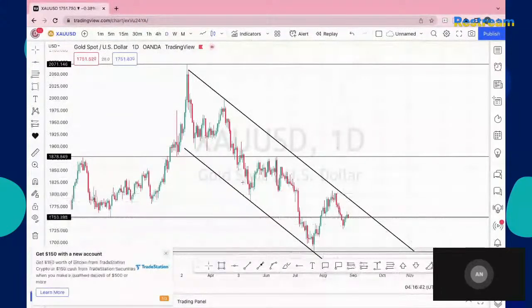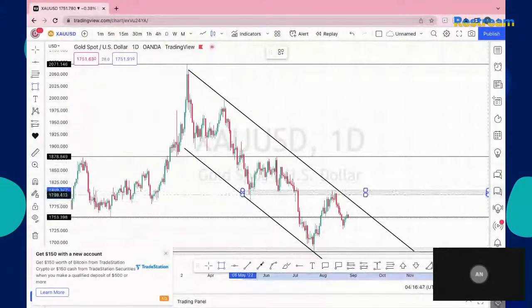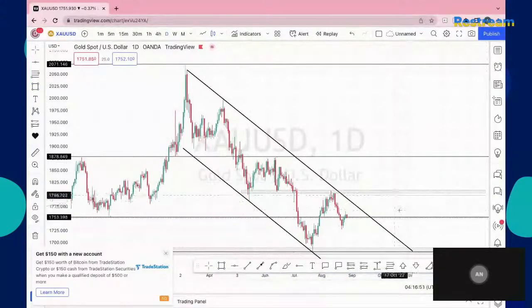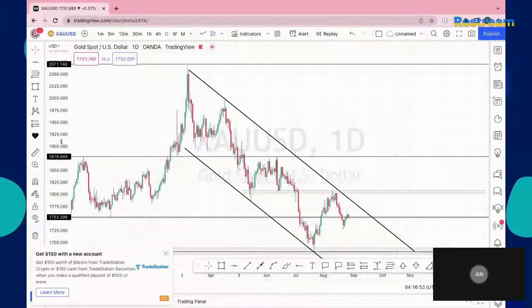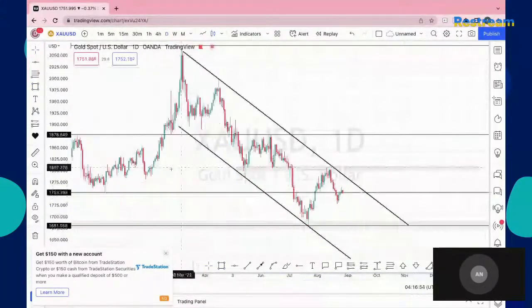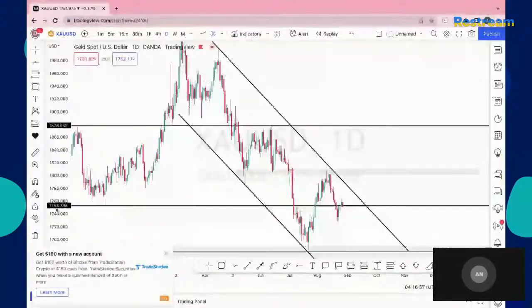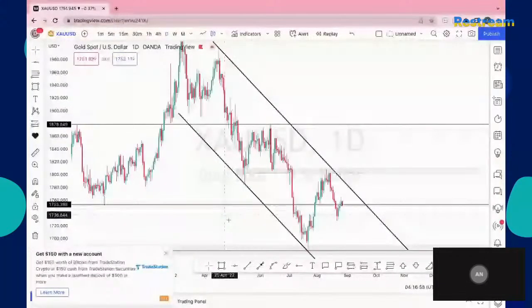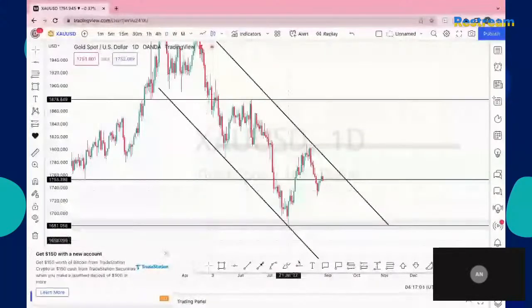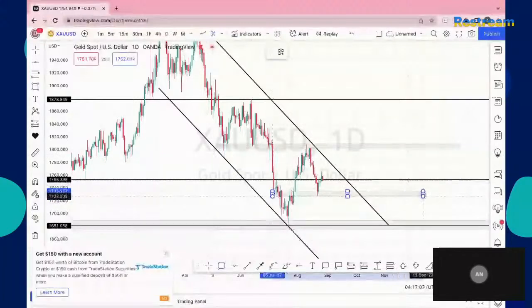I'd rather do this. I won't mark that way, I use a different way to mark. If I can see here, we created support here.